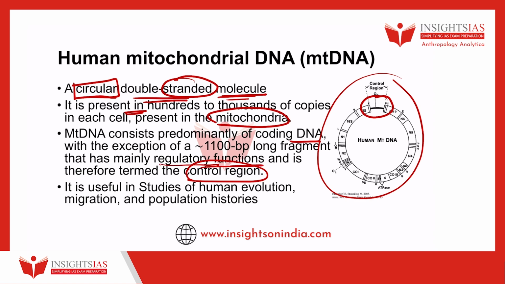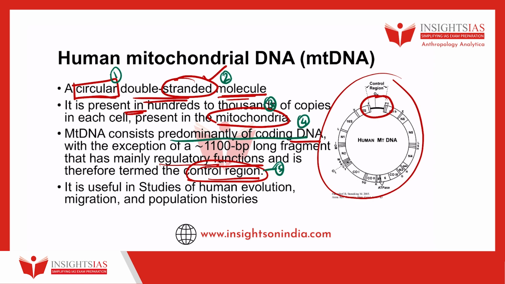It regulates the function, and therefore it is termed the control region. Anyway, those detailed points are not necessary from the exam point of view, but at least as an introduction you should be able to write that it is a circular double-stranded molecule found in the mitochondria and predominantly consists of coding DNA, and some part of it which does not code but regulates the function is called the control region.